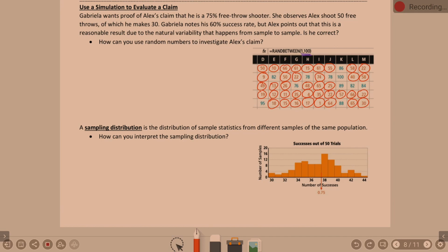He made it 39 times out of 50. What is 39 out of 50? 78%. So based on this one simulation, what could we argue? That he's being generous. That he is a 75% shooter. He can make it 75% of the time.